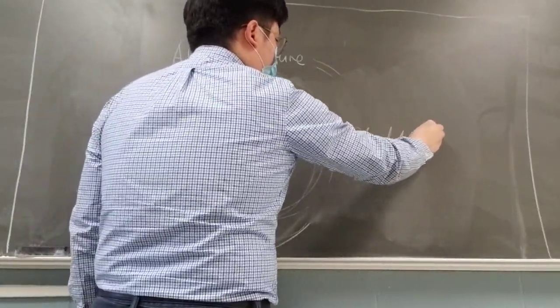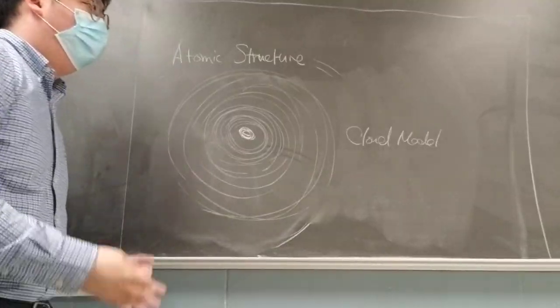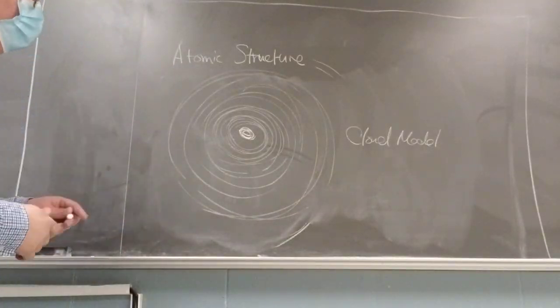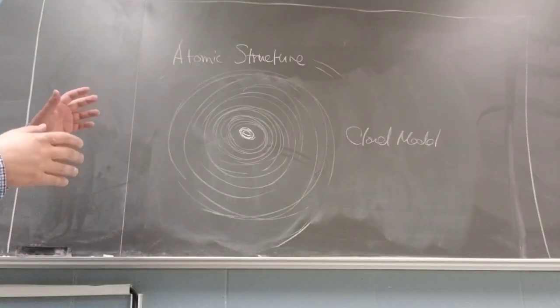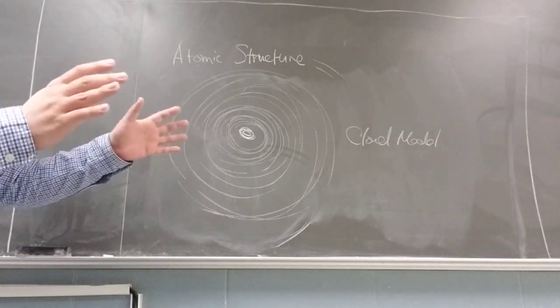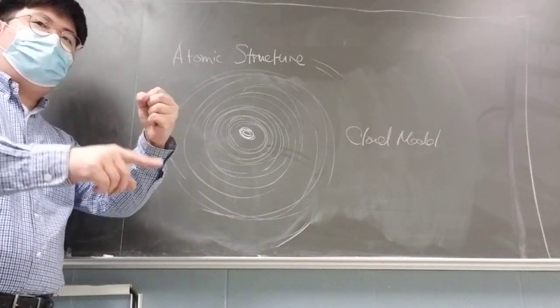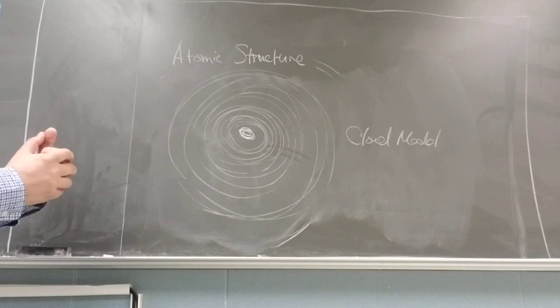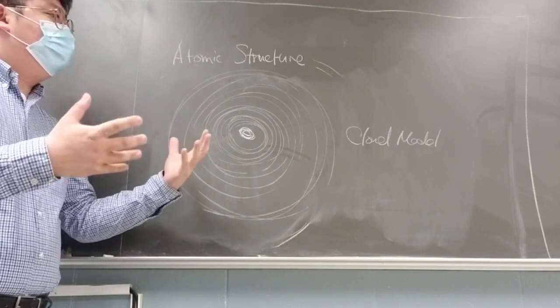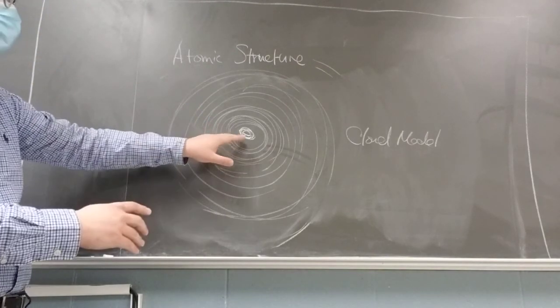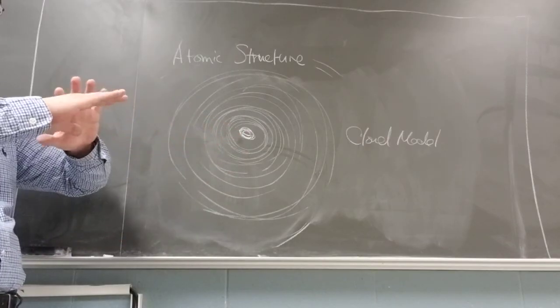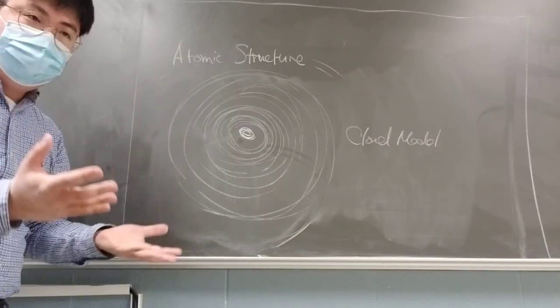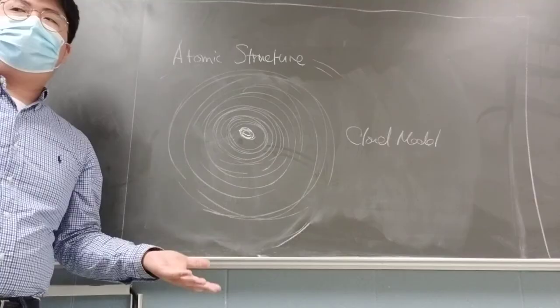This is more like a modern model of the atom, meaning you don't always have to consider electrons only going around a certain orbit; instead you can see this more as a cloud. The darker cloud close to the nucleus is where you can find the electron with higher chance.